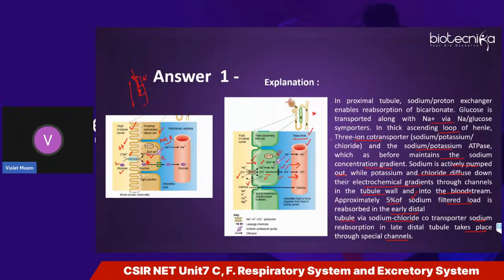Below the loop of Henle? Vasa recta comes below the loop of Henle, is it like that? What it is? Just tell me what it is. Is it a part of renal tubule? Okay, adjacent, fine. But what it is? Can you all tell me? Adjacent, it is present. Okay, fine.